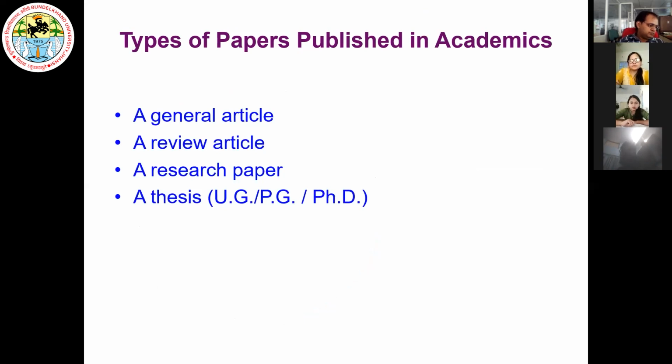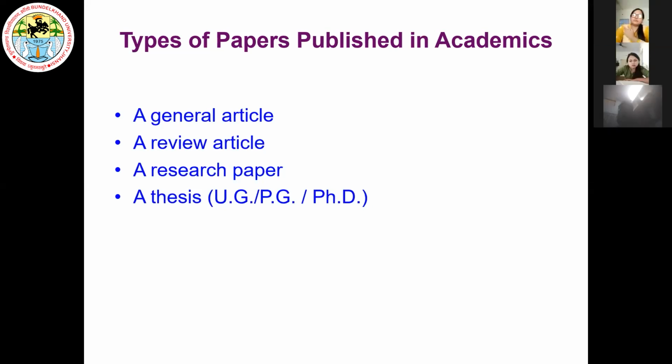Third is the research publication, the work which you do in the lab, that we publish. And fourth is the dissertation or thesis pertaining to UG, PG, or PhD level. So these are the broad categories of papers we write in academics.